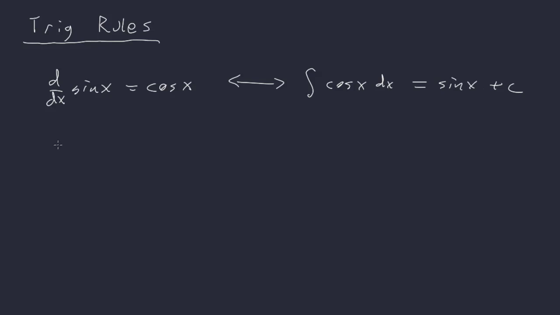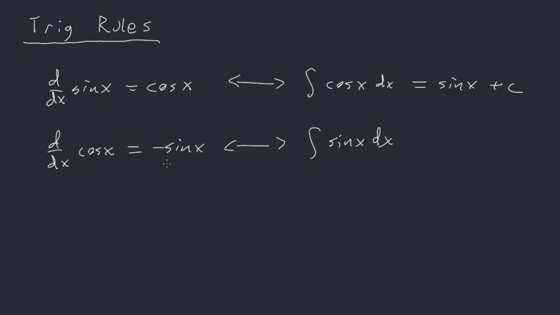Okay? On the other hand, the derivative of cosine of x is negative sine x. Now, I'll admit, sometimes you will see it, but for the typical rule, if I want the integral of sine of x dx, we're going to have to move the negative to the other side.